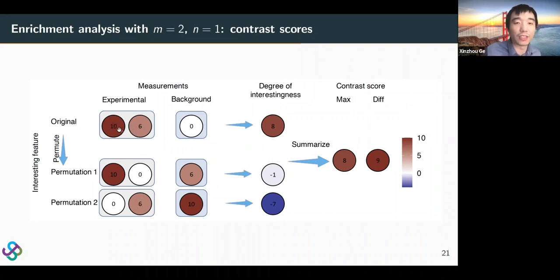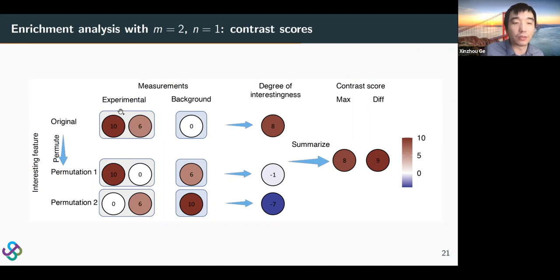So from 10, 6, 0, we can permute into 10, 0, 6 and 0, 6, 10. These are two different kinds of permutations. And for the original and the two permutations, we want to calculate something called the degree of interestingness. And the degree of interestingness is still the difference in means between the two conditions.